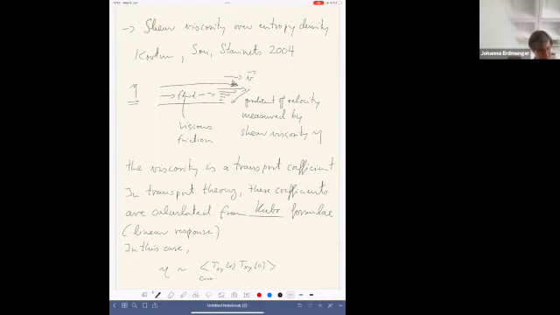So we have to calculate this correlation of the energy momentum tensor. Now ADS-CFT, or gauge gravity duality, provides a way of calculating this correlation function.